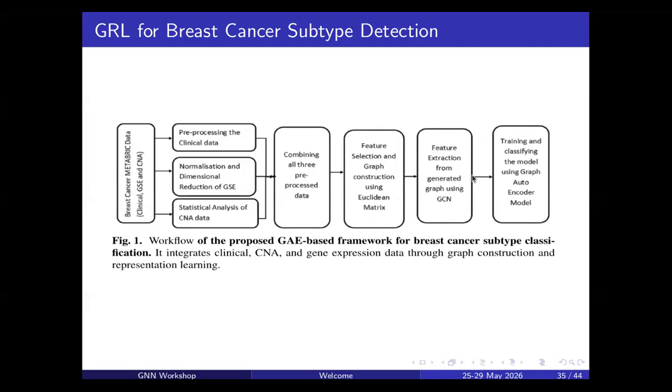We give this embedding to a graph autoencoder, which will train to classify each node as a particular subtype based on the node embedding, based on the features we learn from the graph. So GCN is used for the feature extraction, and a graph autoencoder is used for the final classification.